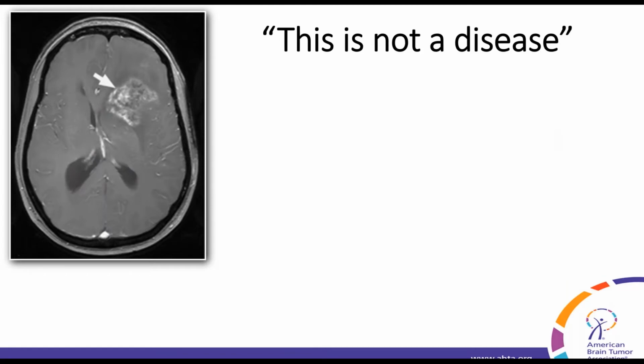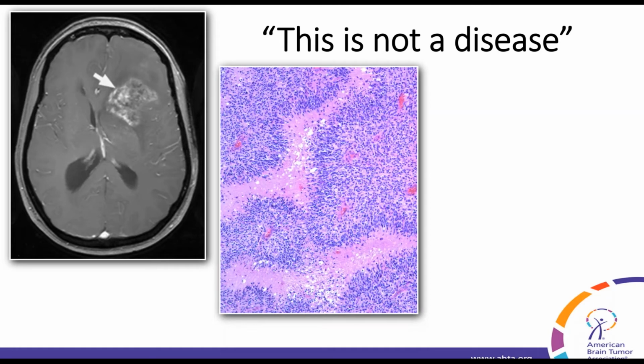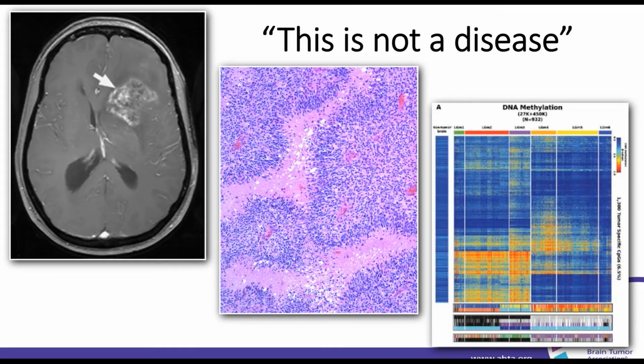Here we're looking at an MRI with an arrow pointing to a neoplasm. This is histology showing a glioblastoma. It is a 5-micron section of tissue that has been stained with hematoxylin and eosin, allowing it to be visualized as pink and purple. And this is a very sophisticated methylation array showing 1,000 different patient samples and how the DNA is methylated to different extents in each one.